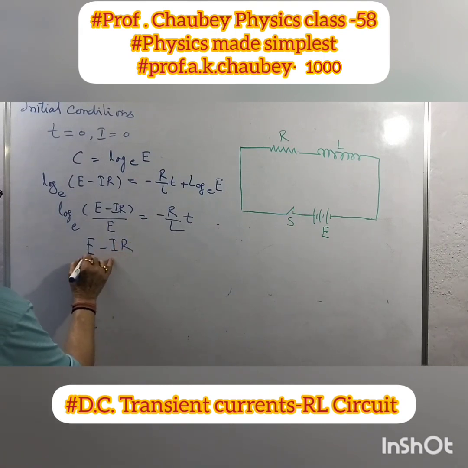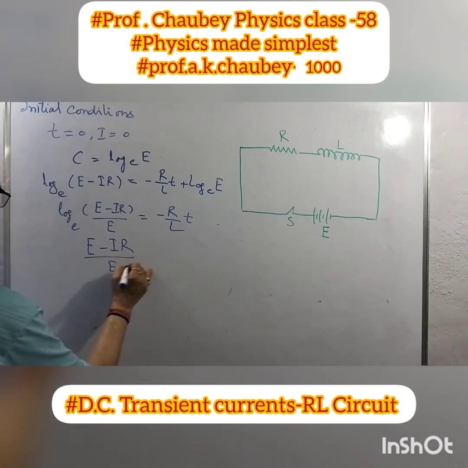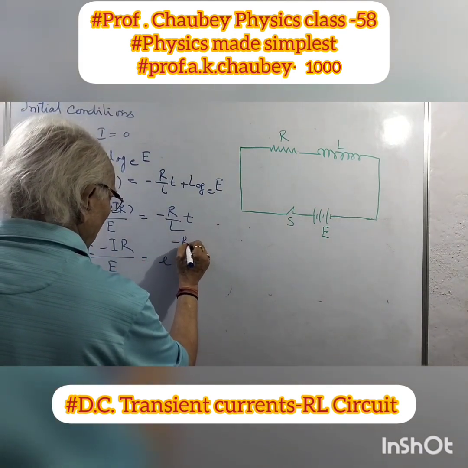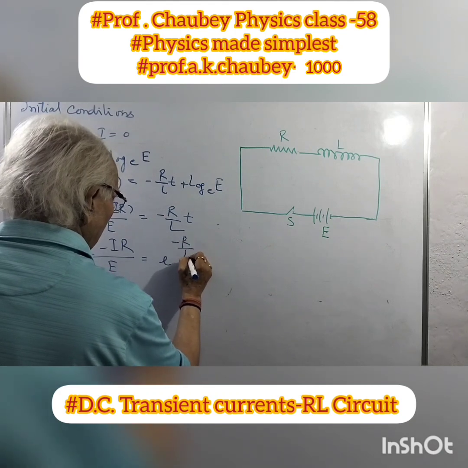(E − iR)/E is equal to e to the power minus R over L into t.